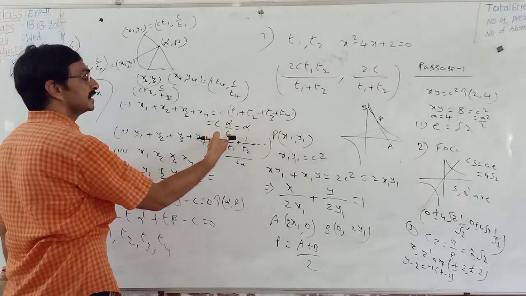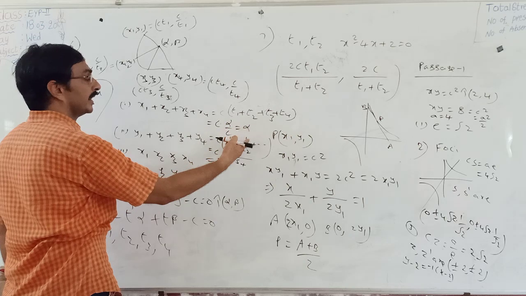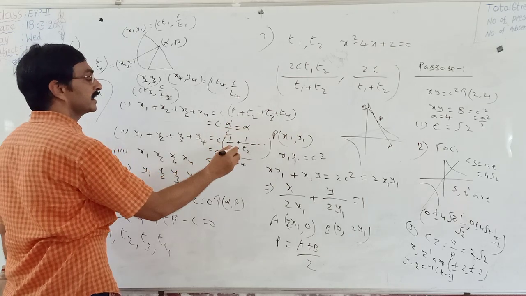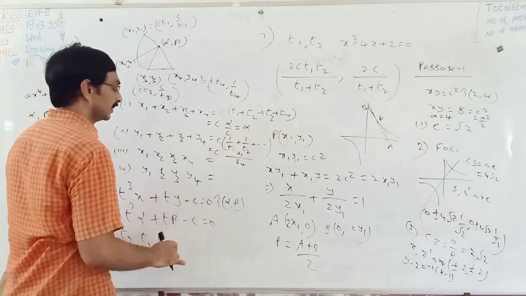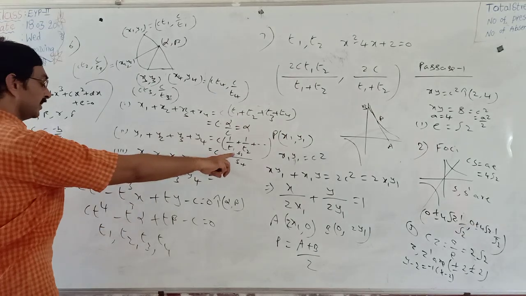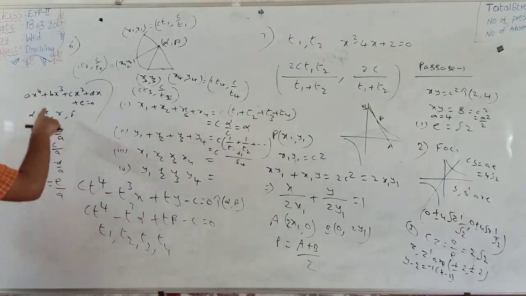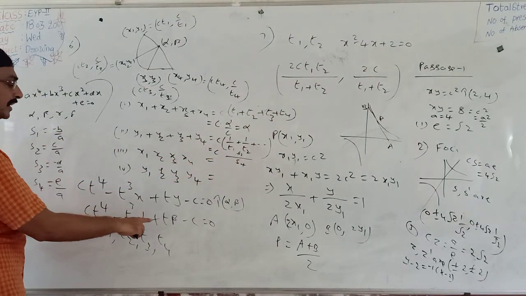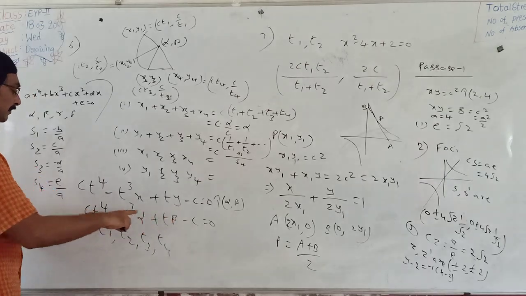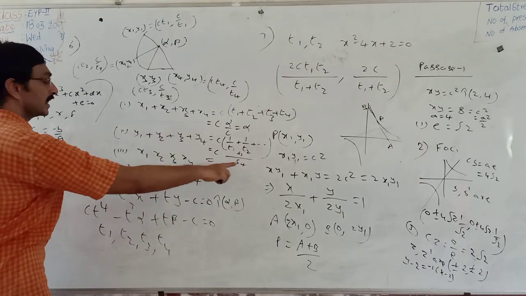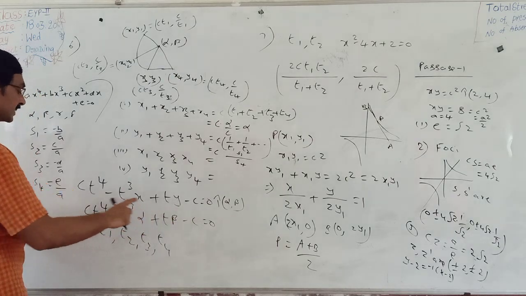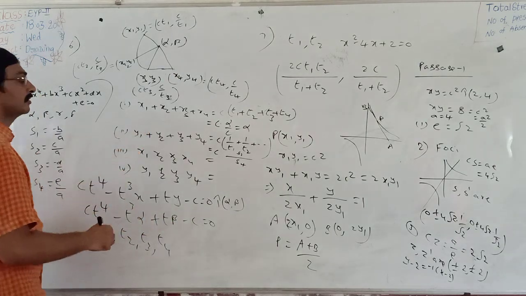In the numerator this is t2 t3 t4, next t1 t3 t4, that is nothing but S3. So substituting the S3 value, minus beta by c, and the S4 value, minus c by c, we get the required.